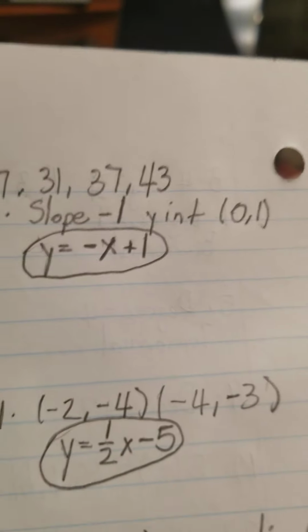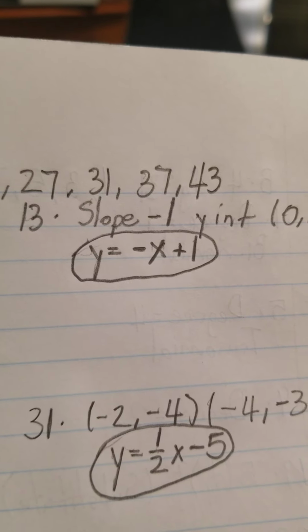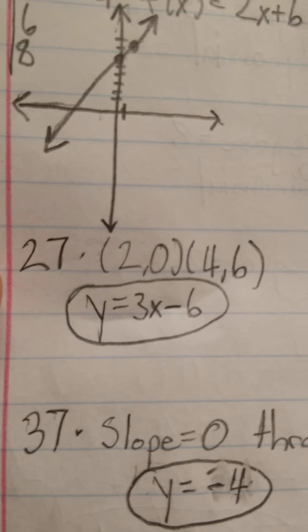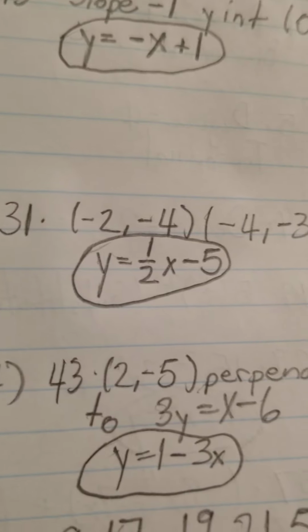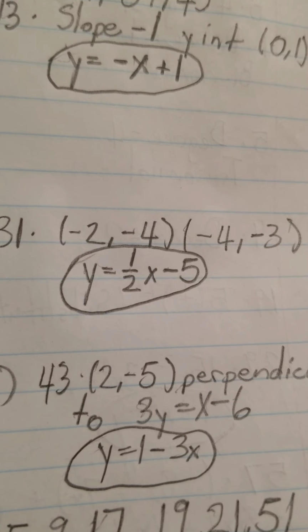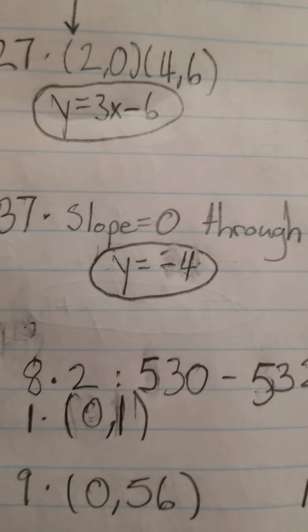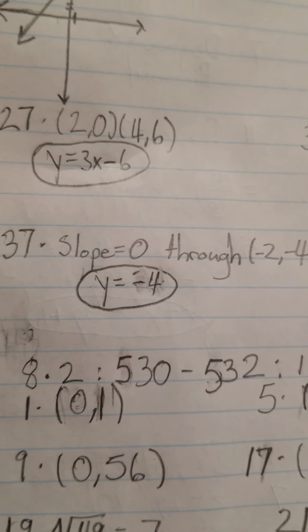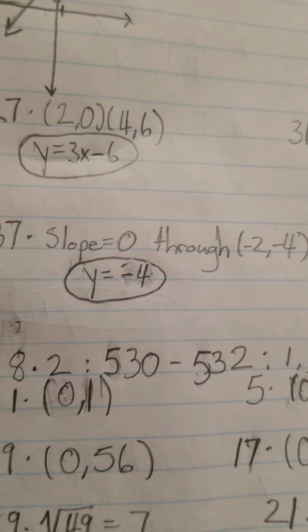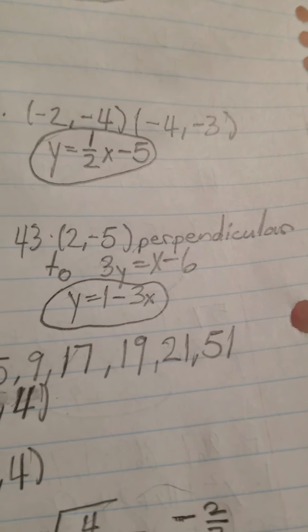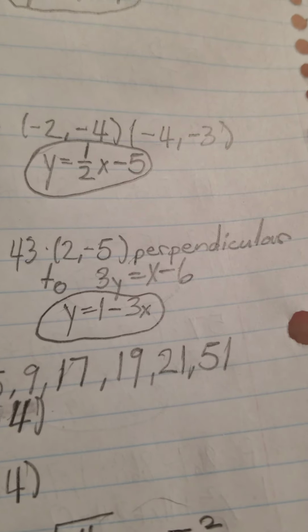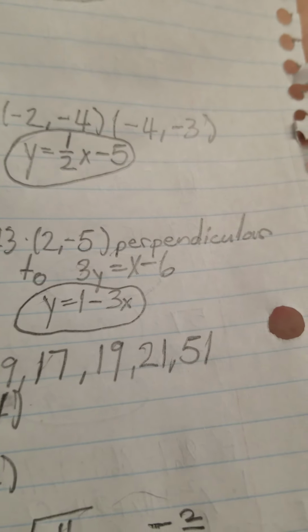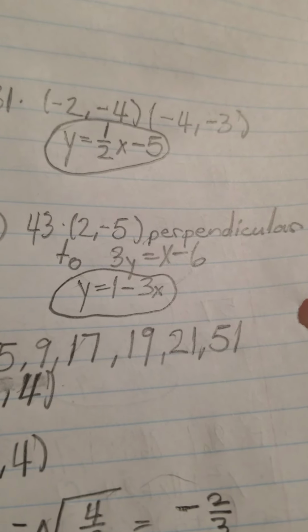Number 13, you had to write an equation. 27, I wrote another equation that went through those 2 points. 31, I wrote an equation that went through those two points as well. 37, had to write another equation. 43, again another equation, but this time perpendicular to 3y equals x minus 6 and passes through 2, negative 5.